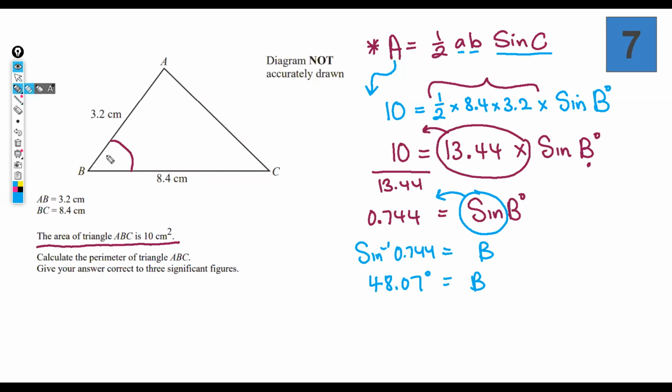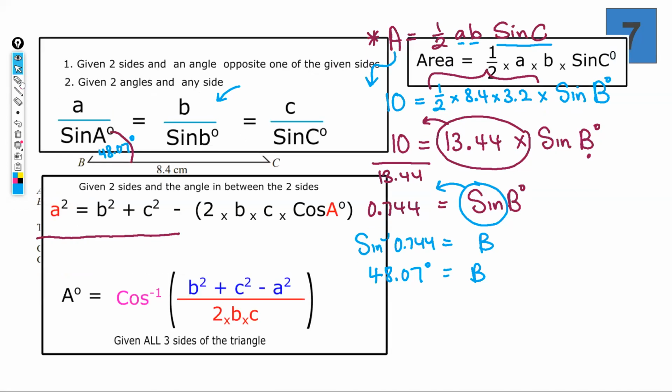So at least now we know this angle over here. It is 48.07 degrees. Couldn't you all find this side now using the cosine rule? Because you have two sides and the angle in between. Look at it here. That's this formula here, the long looking one.